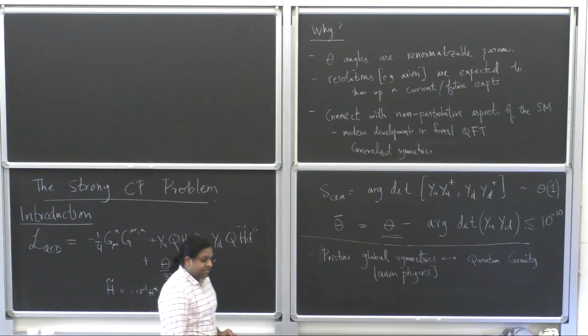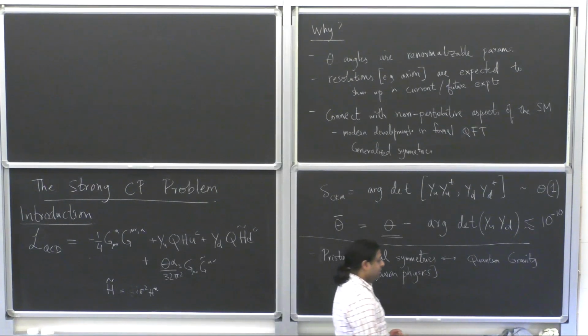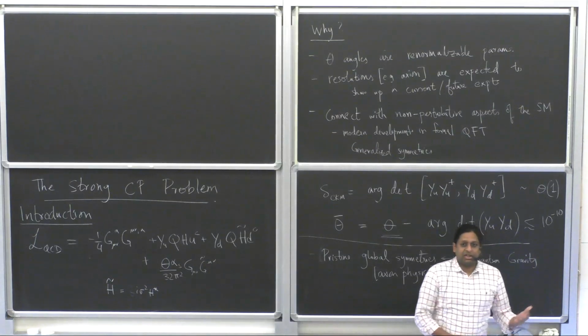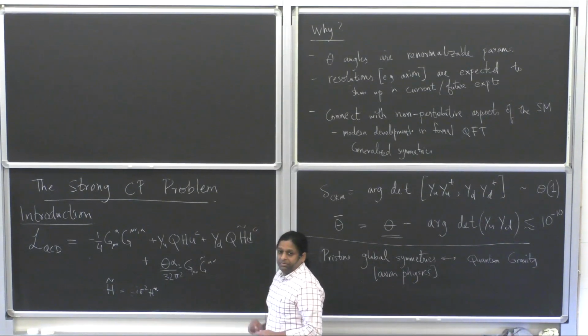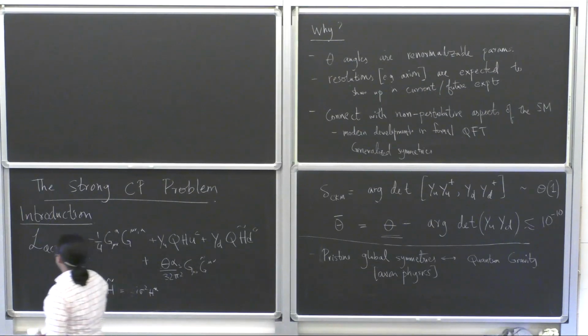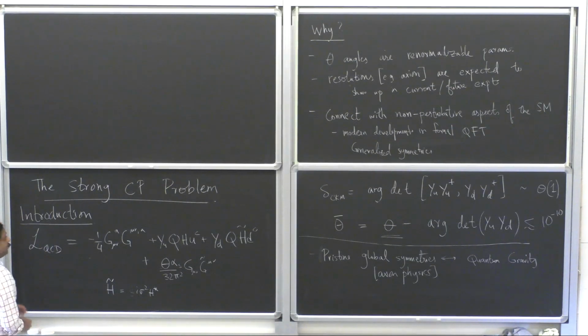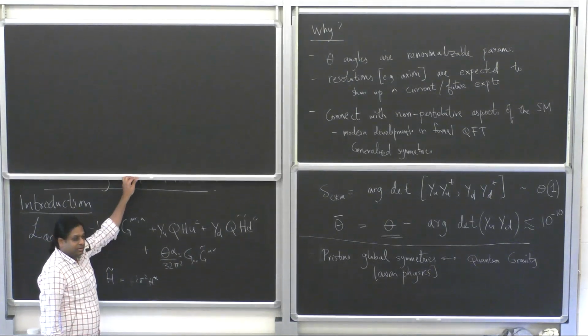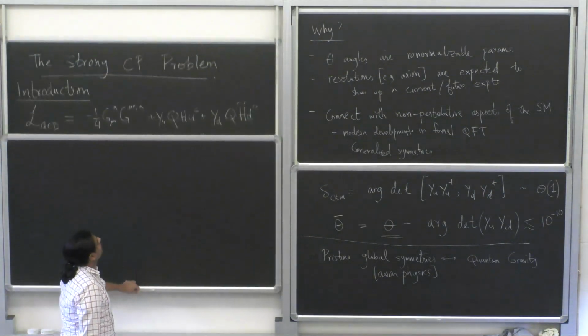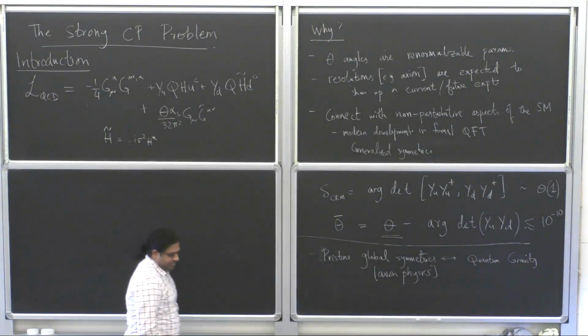But at the same time, there's a vast experimental program, both on tabletop experiments, cosmology, astrophysics, that relates to the solution of the strong CP problem. Okay, so this is why I would like to at least understand some of the problems related to the strong CP problem.